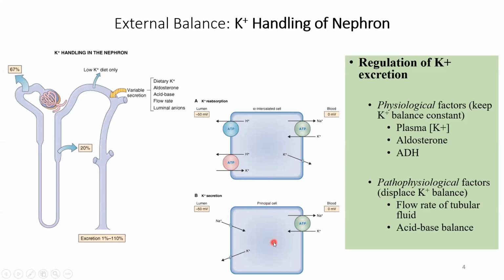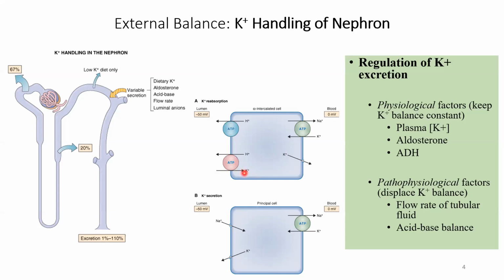You will say, hey, what's going on here? These cells seem to be contradicting each other. Well, the word is not contradiction. The word is balance. So check this out. If you are on a low potassium diet, then you will have potassium reabsorbers, the alpha intercalated cell, doing most of the business, because that's what you need.